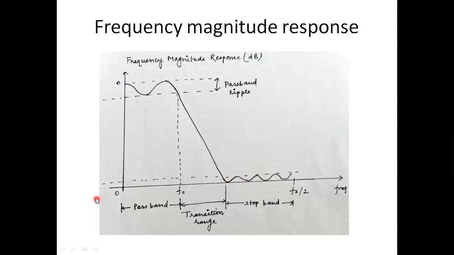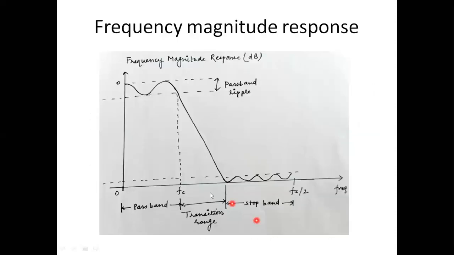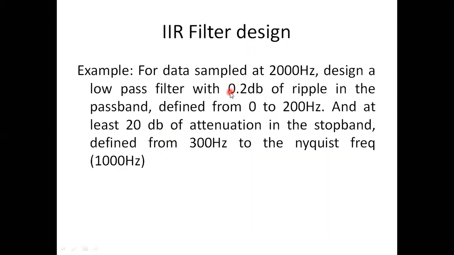So with respect to your problem statement, what will be your Kp value? Passband gain. So 0.2 dB of ripple, so it will be minus 0.2 dB. Why minus? Because here this is maximum, and maximum is your 0. So below 0, all these values are denoting negative values. So Kp from this given data will be minus 0.2 dB.